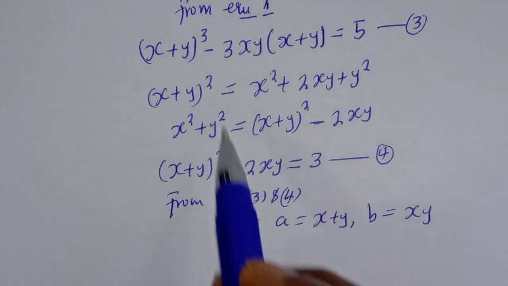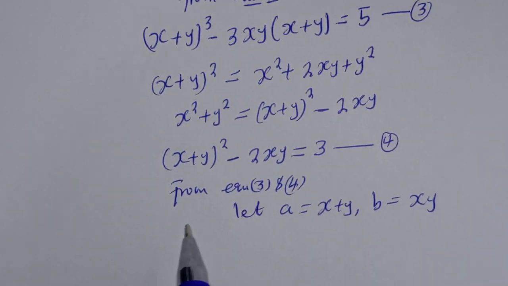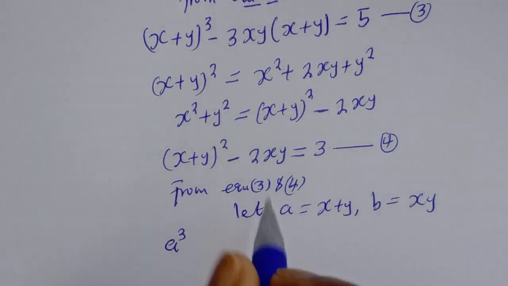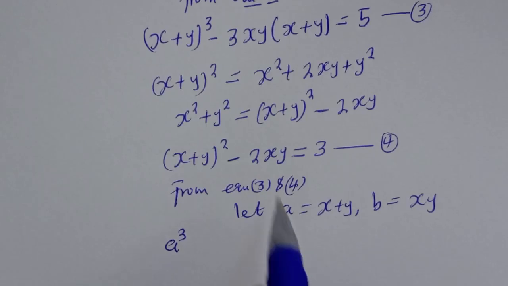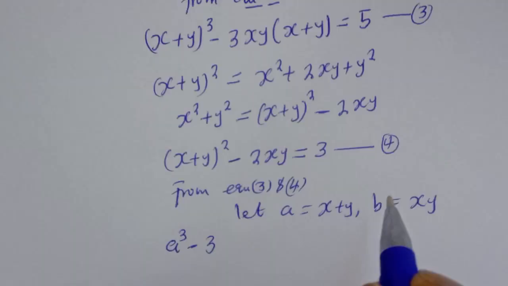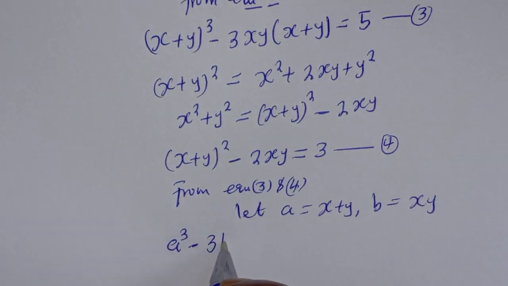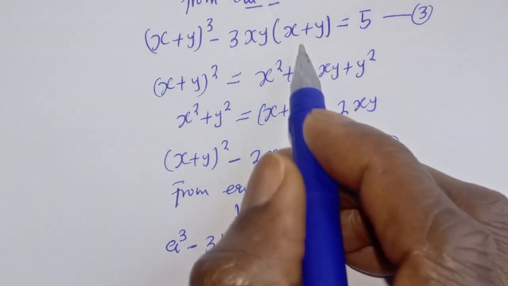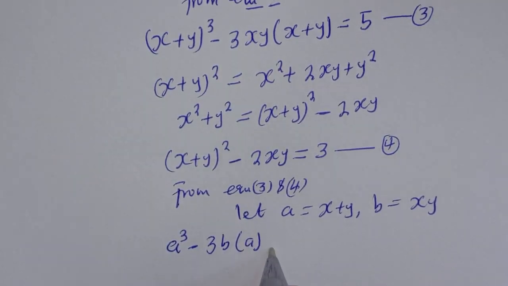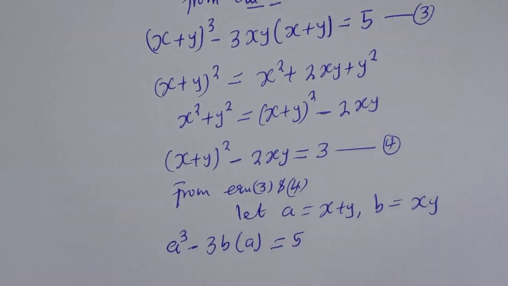So the equation 3 now becomes A raised to power 3, because if x plus y is equal to A, it will be A raised to power 3, minus this 3. What is xy? B bracket x plus y, that is A, is equal to 5.